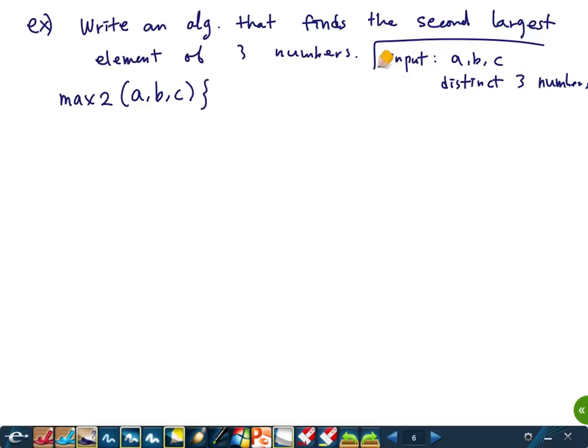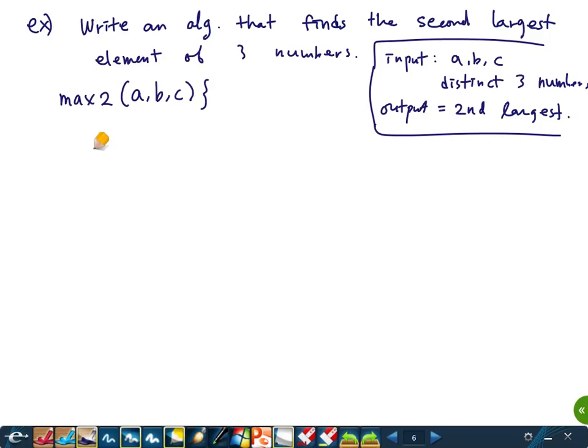And output will be the second largest. Okay. Now, how can we do this?